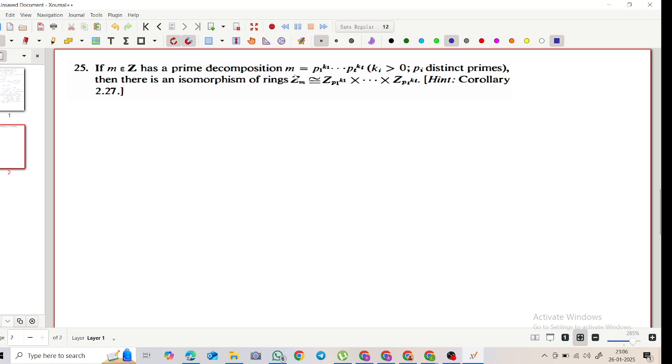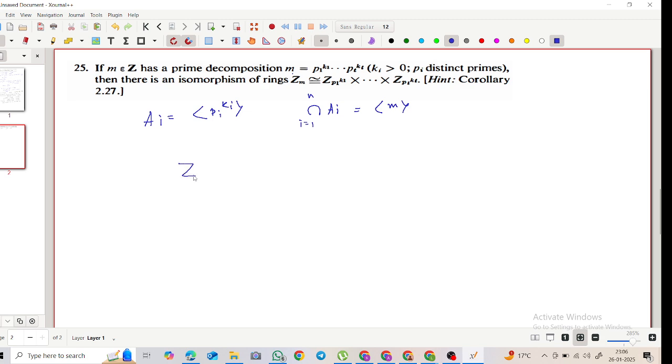So this is this, right? We define, you understand, suppose Ai is the ideal generated by pi to the power ki, right? So what is the intersection of the Ai, i running from 1 to n? This is the ideal, of course, generated by m, right?